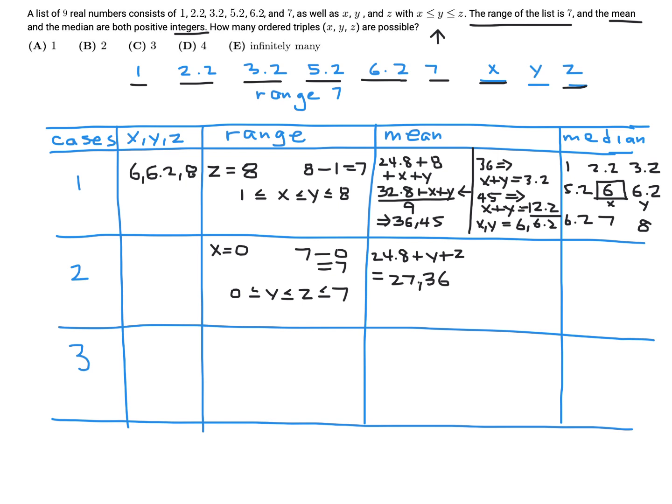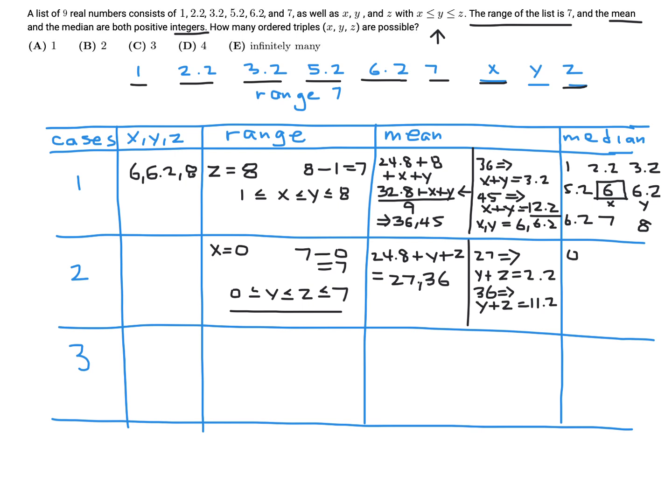Because it can't be 45, that's too high, because our numbers don't go up that high because of this inequality. So if it is 27, that means that y plus z is equal to 2.2. Correct? And if it's, what's the other one, 36, then that means that y plus z is 11.2.